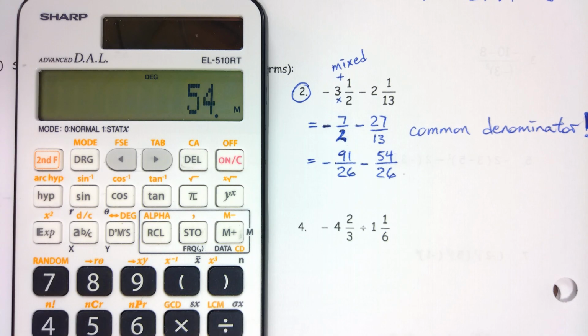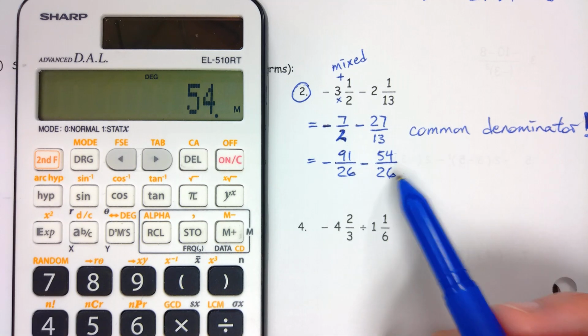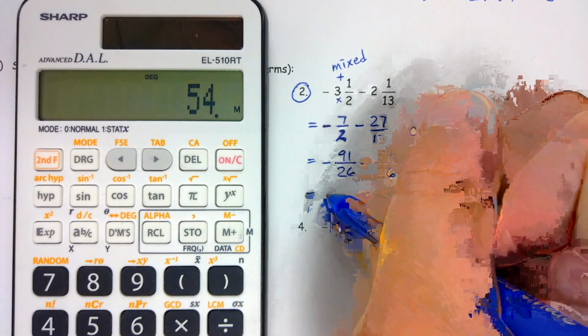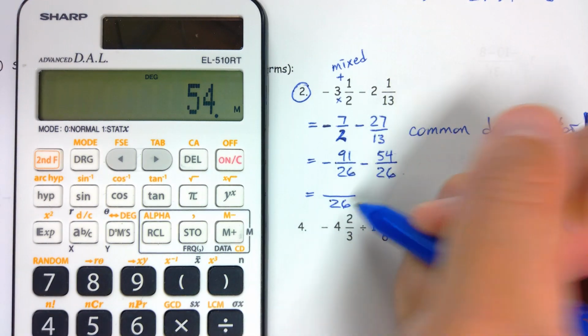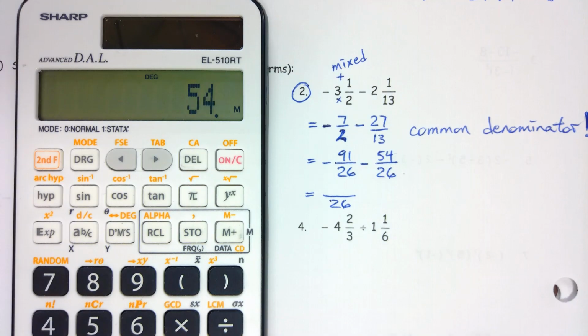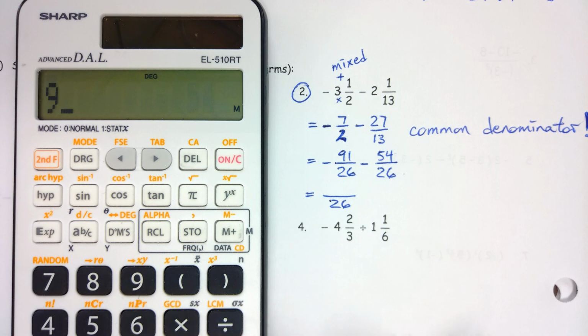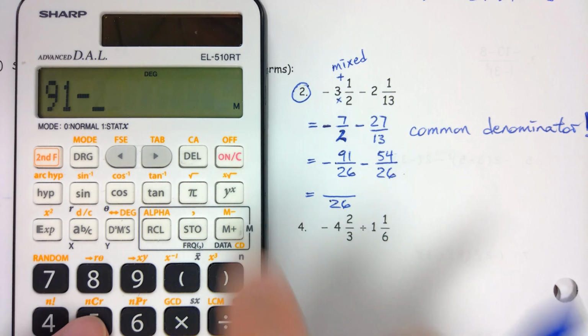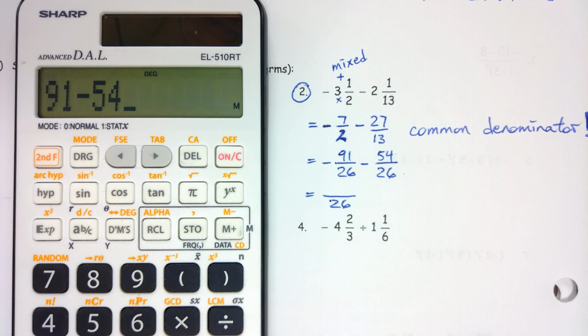All right. Now that both of them have the same denominator, I can combine them. I can just subtract the top. Okay, so 91 minus 54. What mistake did I make here? Charles? They're both negative. Negative.